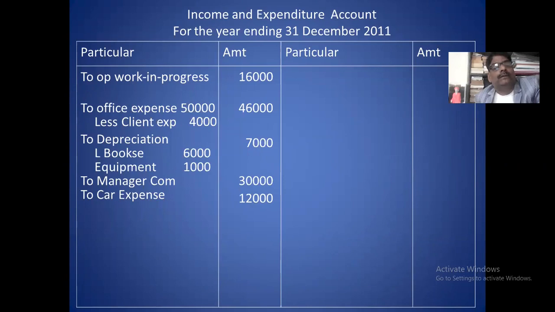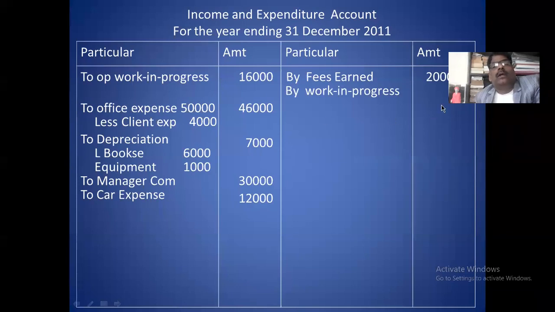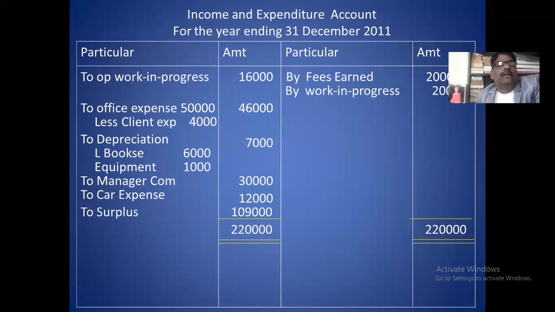Then credit side you take fee earned 2 lakh, work in progress 20,000. Close the account, 2,20,000 is the total. Then difference, surplus is 1,09,000. You take that in the appropriation account.